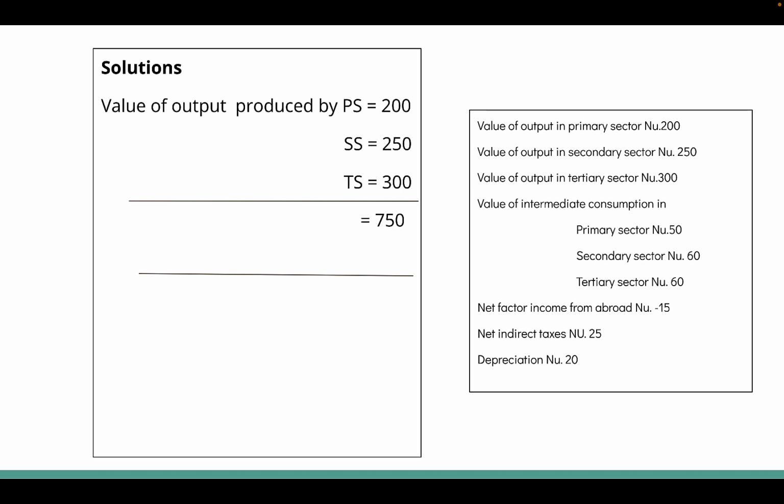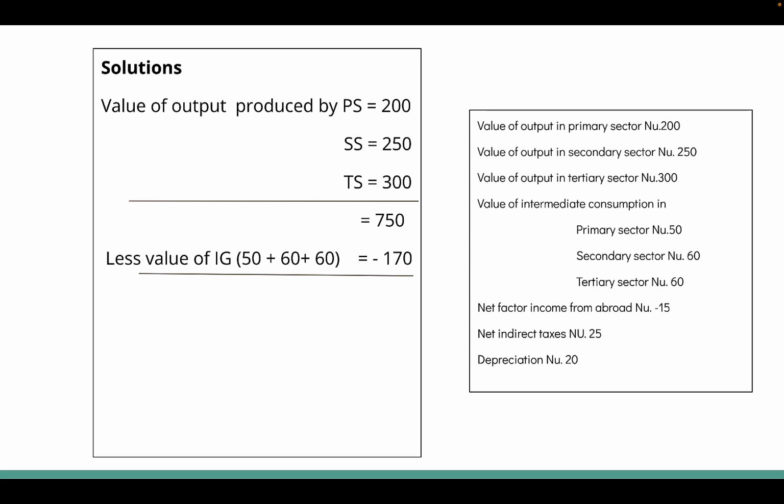So therefore, the total value added, or total value of final goods and services produced by the three sectors in an economy, is 750. And very important, another step of calculation of national income by product method is we have to deduct the value of intermediate goods.